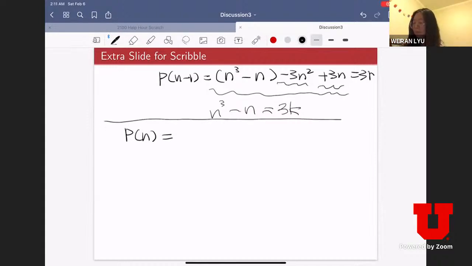We can just do this real quick. If you have assumed Pn is true, which you know that n cubed minus n is equal to 3k, where k is some integer.